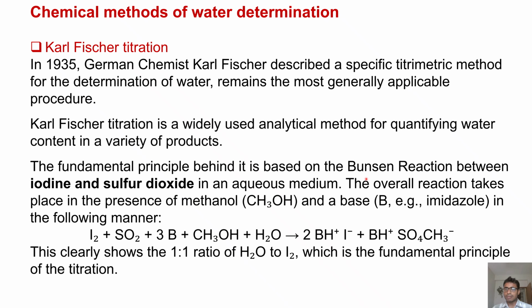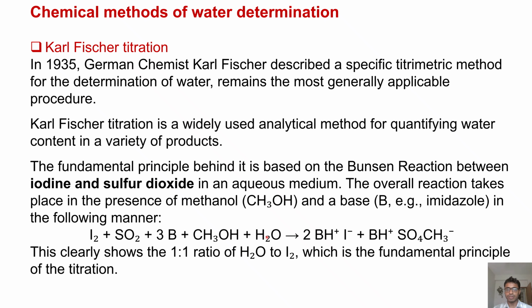is based on the Bunsen reaction between iodine and sulfur dioxide in an aqueous medium. The overall reaction takes place in the presence of methanol and a base, that is imidazole or pyridine, in the following manner: iodine, sulfur dioxide, then 3 moles of base, then methanol, and this is your sample that contains the water.